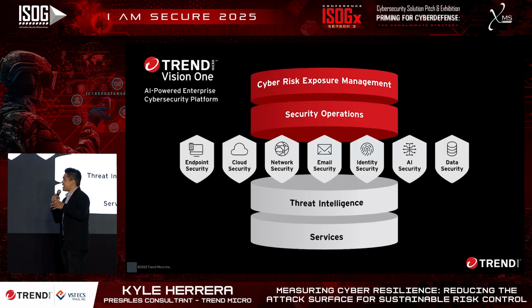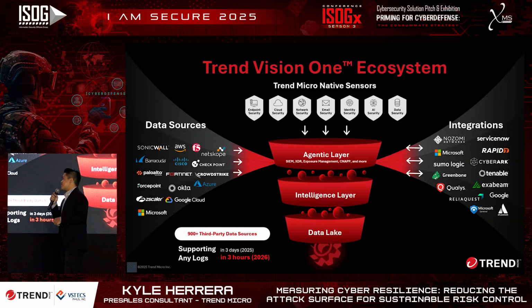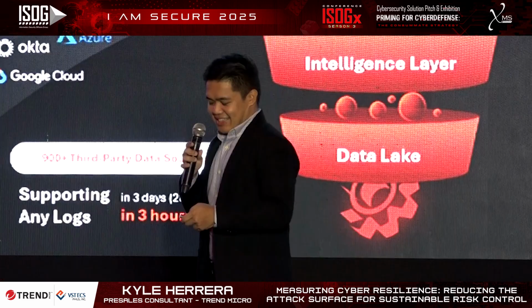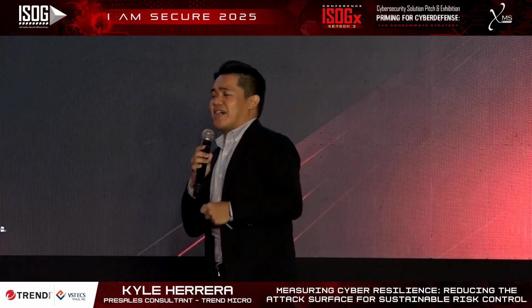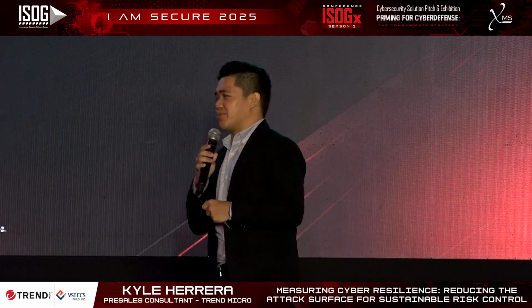And actually, this is an AI-powered cybersecurity platform, and we also allow third-party ingestions of other products as well. So it's a single view. You would be able to see everything in a single pane of glass. So that's it for today. I hope our approach to proactive security would be properly done.